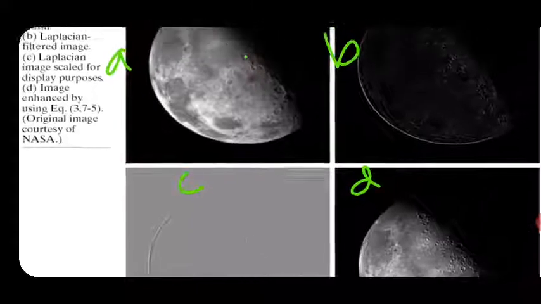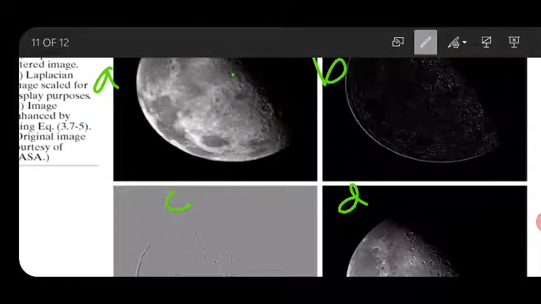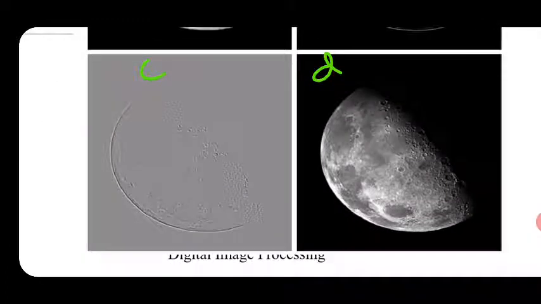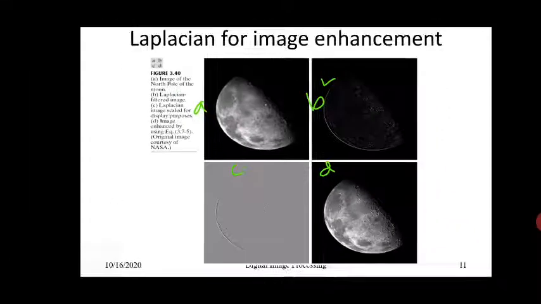For the enhancement, the most useful application we use for an image is image enhancement, in which the Laplacian plays a very important role, by distinguishing the features or the smoothness we have obtained from the image.